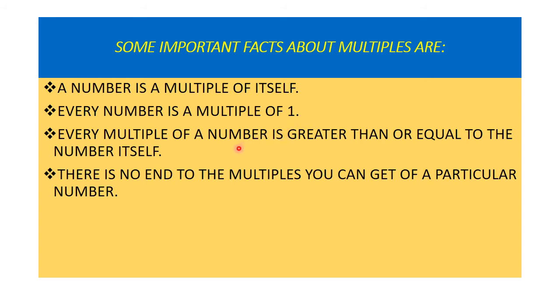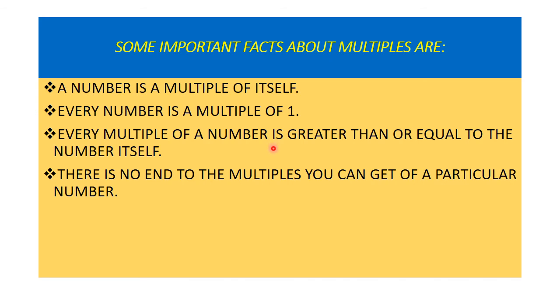The third point says that every multiple of a number is either greater than or equal to the number itself. Suppose I give you one example: you have to tell me the first two multiples of 5. The first multiple of 5 would be 5 and the second multiple of 5 would be 10.